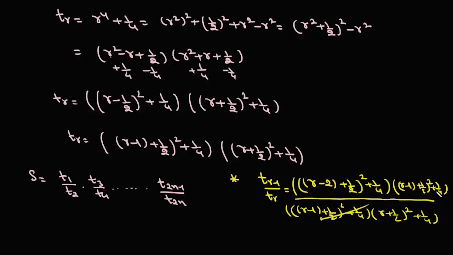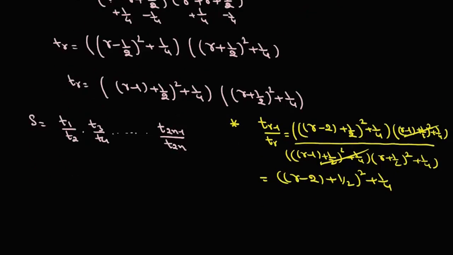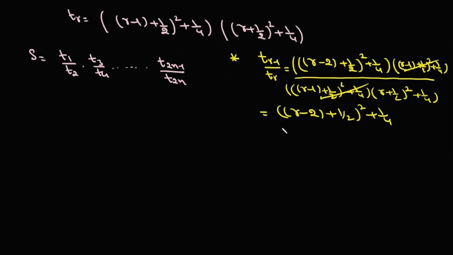Now these two terms, they'll cancel. So this simplifies to ((r minus 2) plus 1 by 2) whole square plus 1 by 4, divided by ((r plus 1 by 2) whole square plus 1 by 4).